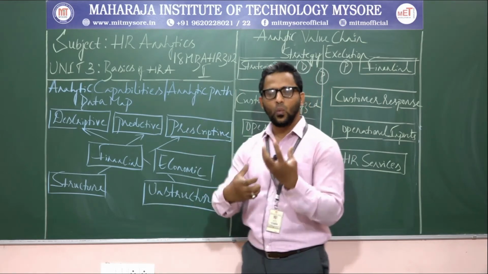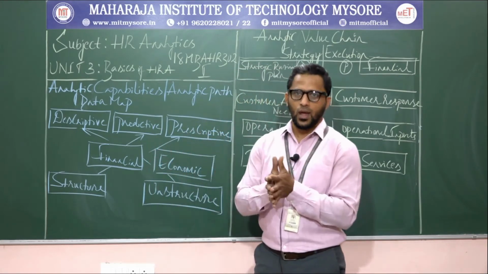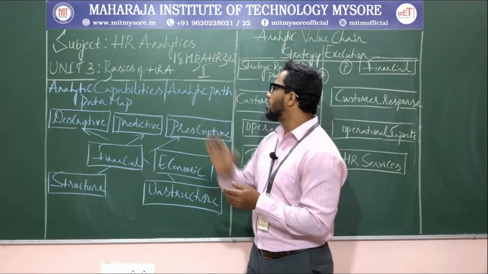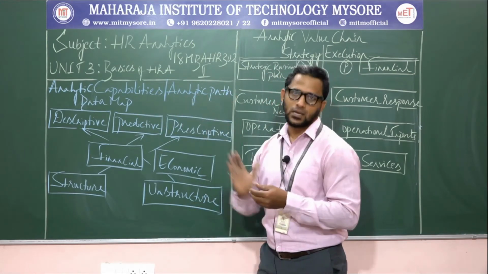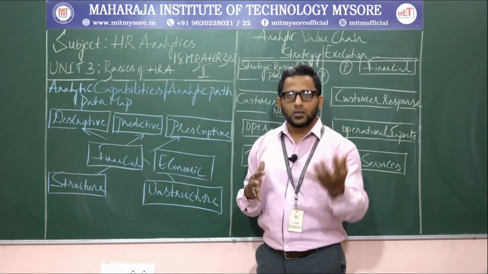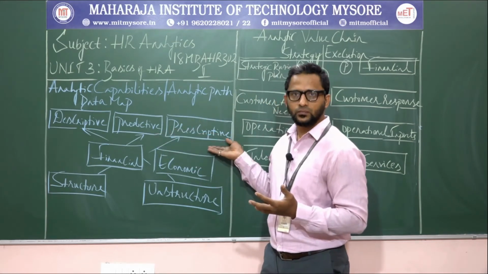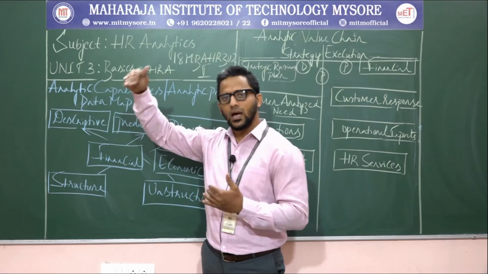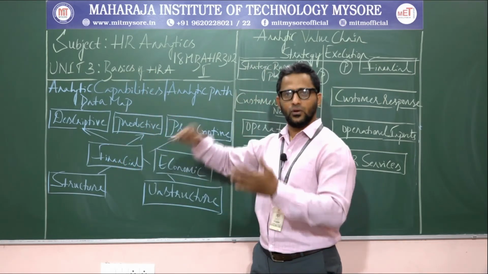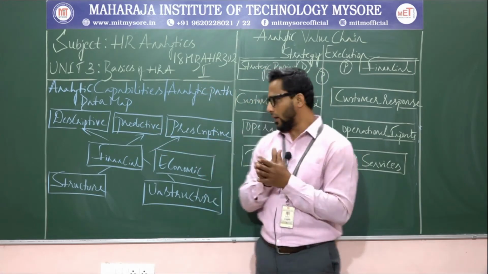So we are clubbing what we discussed in the previous boxes and forming a diagram here, and we call this analytic capabilities, the analytic path of the data map. Descriptive, predictive, prescriptive: this is the past and the current data, you are predicting the future, and prescriptive is something where you are going beyond the future.